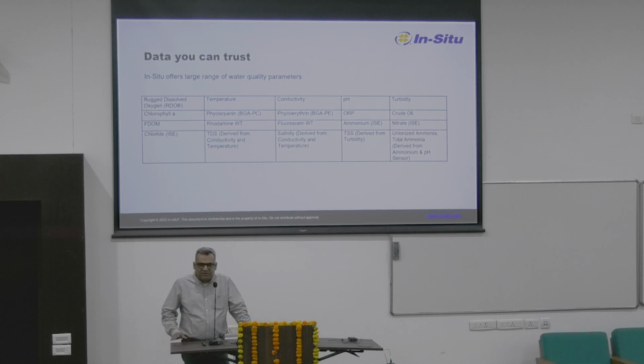This is basically measuring physical parameters, chemical parameters, and biological parameters, certain, not all. You can see we are measuring DO, conductivity, temperature, salinity, and so on. So these are the basic parameters which we can measure using our instrument.